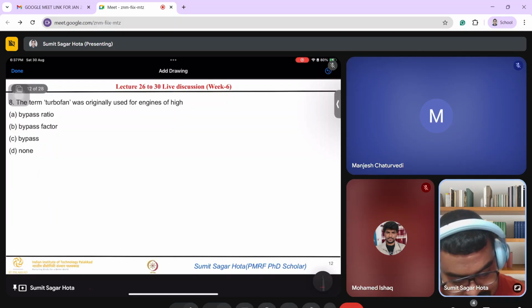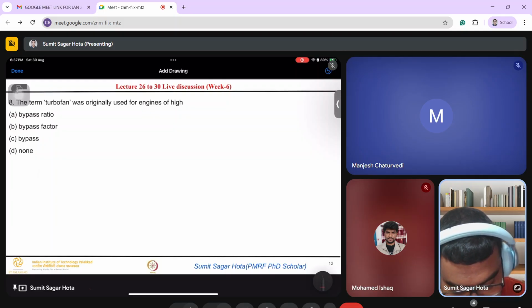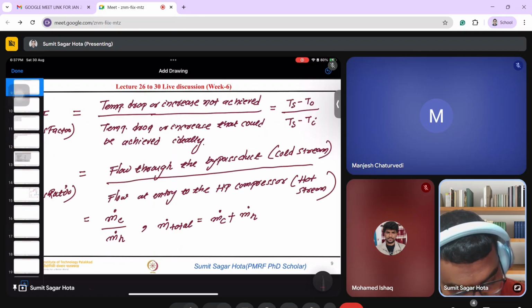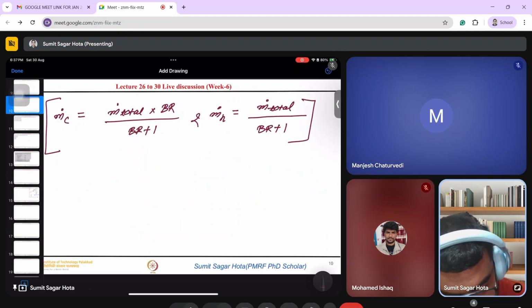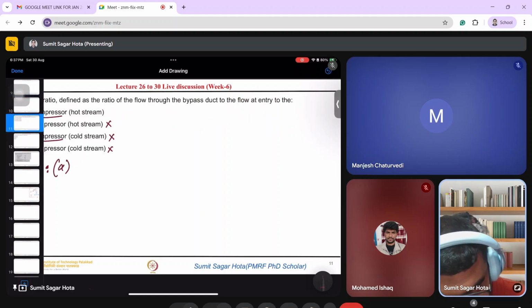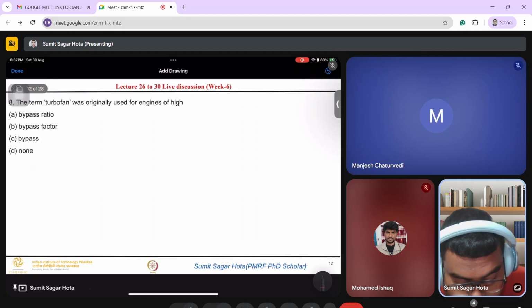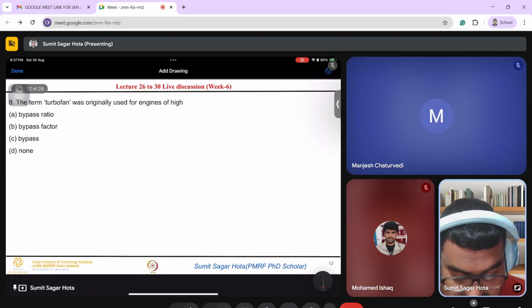That means it can take more cold stream of air and produce more work output, and in such a way there will be more combustion efficiency and propulsion efficiency. So that's the objective.